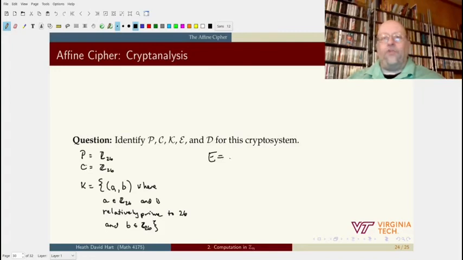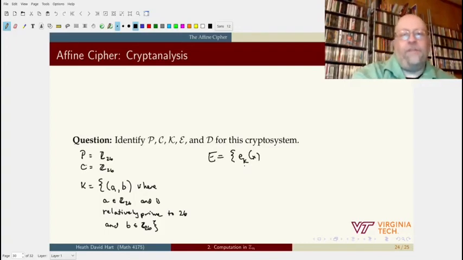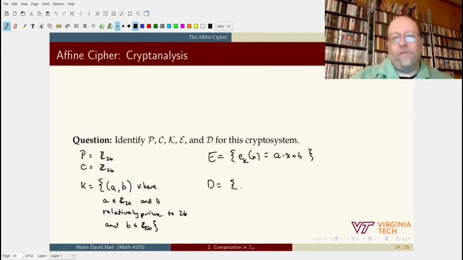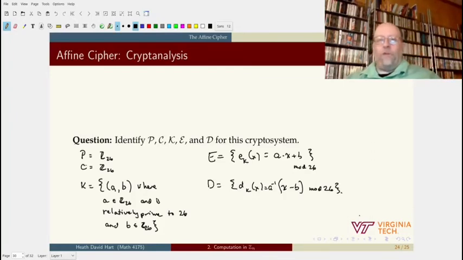E, the encryption functions, for whatever key, and a key consists of a pair A and B, it will be equal to A times X plus B. And then the decryption function for each key is we're going to first subtract B, and then we're going to multiply by A inverse. And I should say this is mod 26 in both cases. And those are the rules for this crypto system.